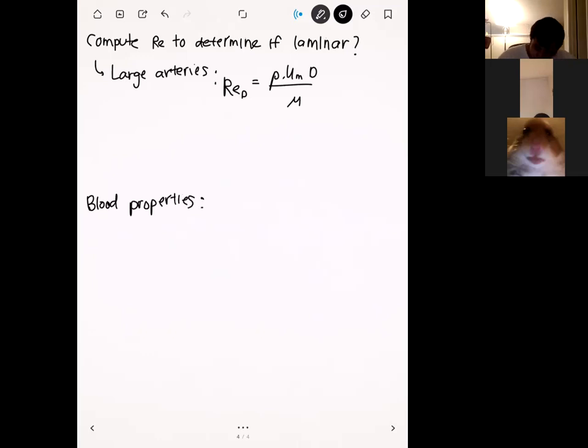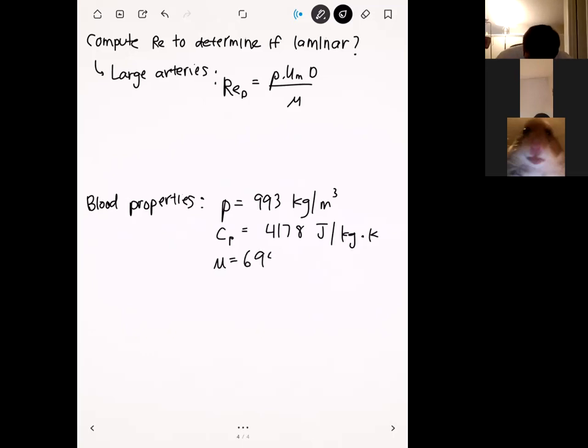Right, so for the properties of blood, we're going to use the following. Let's say that the density is 993 kilograms per meter cubed. The specific heat, C_p, is 4,178 joules per kilogram K. The viscosity, I'm going to give it to you in terms of dynamic viscosity, is 695 times 10 to the minus 6 newton seconds per meter squared.